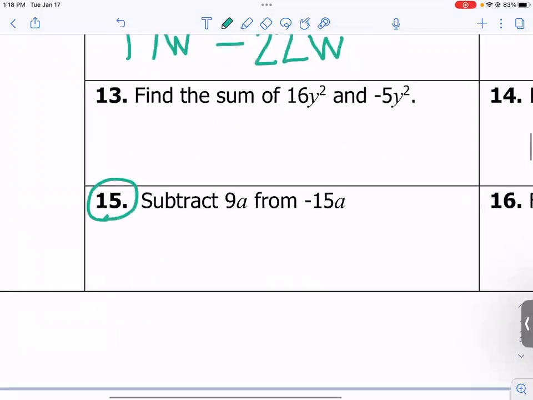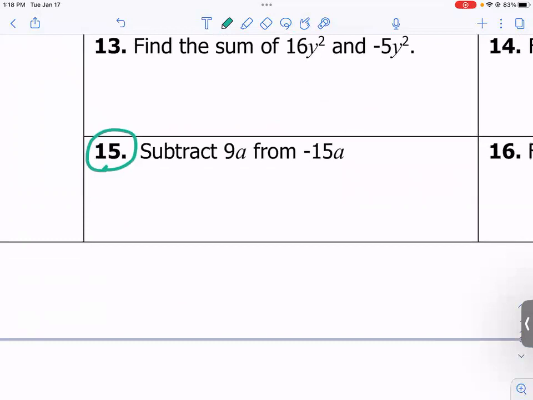Now, Gavin, in number 15, I'm asking you to subtract 9A from negative 15A. How do we set that up? We are subtracting 9A from negative 15A. So we have to write it as negative 15A minus 9A. Do you understand why that is?